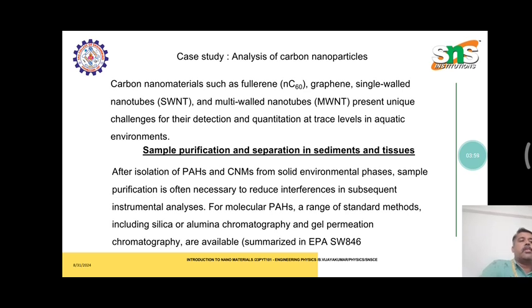Based on this, it will improve the quantification of carbon nanotube usage. This is one case study analyzing different types of carbon nanotubes, based on carbon structures like C80, C86, C88.